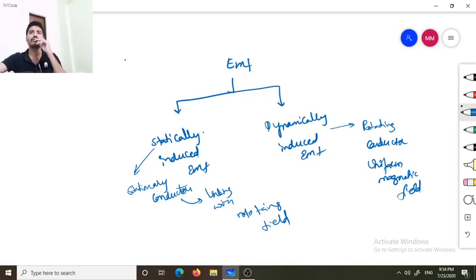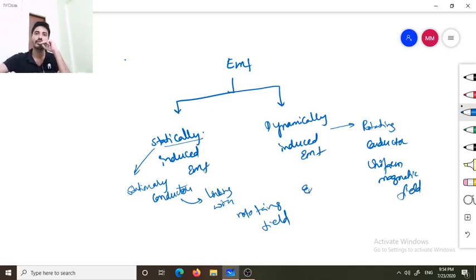Whenever a uniform magnetic field links with a rotating conductor, the type of EMF induced is called a dynamically induced EMF. Whenever a stationary conductor links with a rotating or alternating flux or field, that type of EMF is called a statically induced EMF.